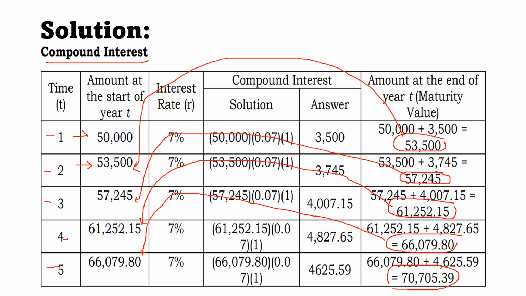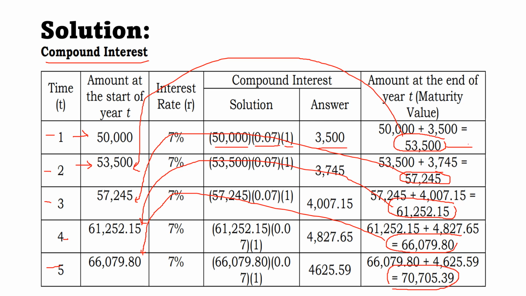As you can see in the solution, we still apply the formula PRT: your principal, your rate of interest per year, and your time for the first year, and it becomes 3,500. We simply add the interest to the principal, so it becomes your maturity value or future value.